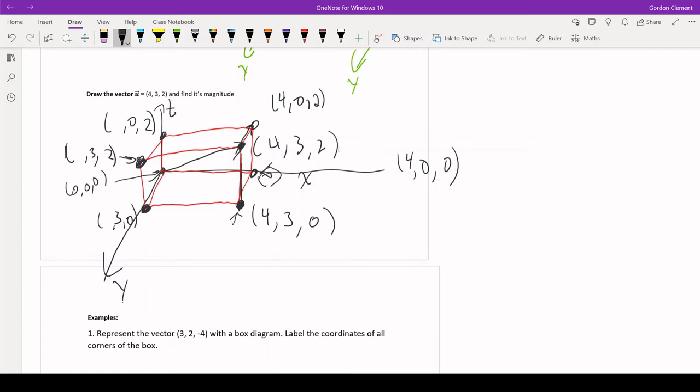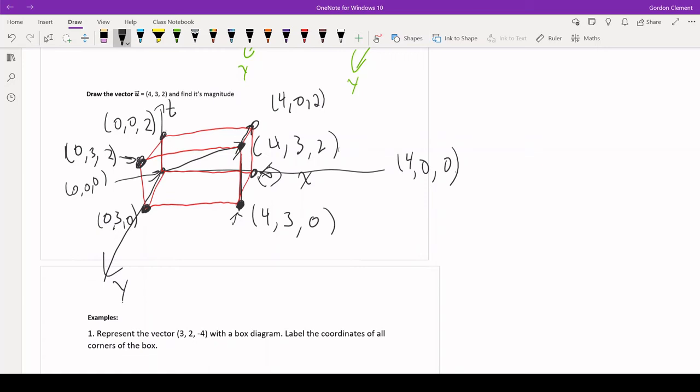So these 4 points on the right side have an x of 4, and all the points on the left side have an x of 0. And then you can double check the ones that land on the axes. So the one on the x-axis only has x as a number and the other 2 are 0. The one on the z-axis has z as a number, the other 2 are 0. The one on the y-axis has y as a number, the other 2 are 0. So that's a way to keep track of that.